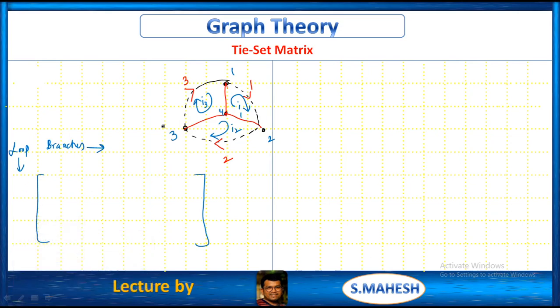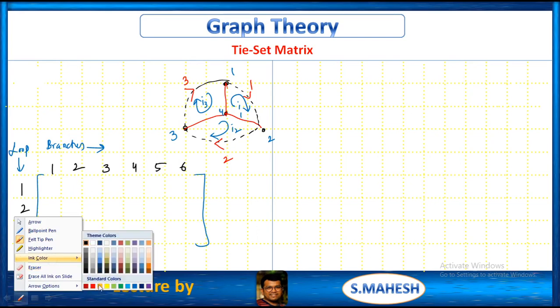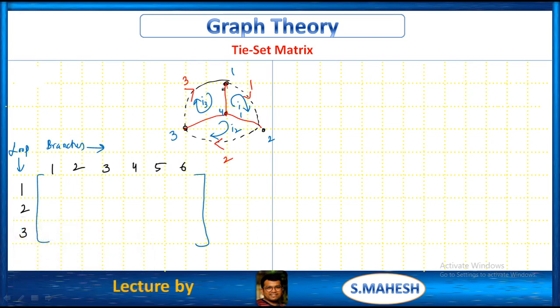How many loops are we having? Three loops only. One, second row, third row, right? Branches are represented by columns. One, two, three, four. How many branches? Five, six. Completed.